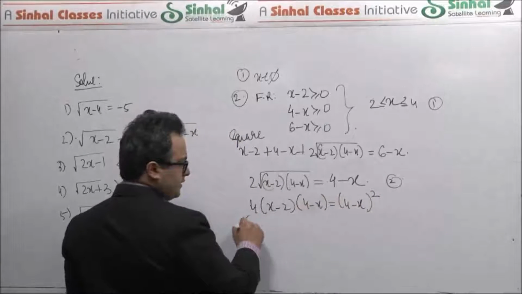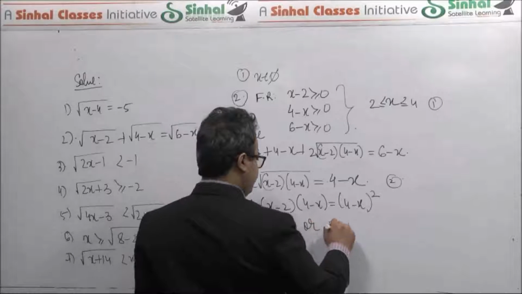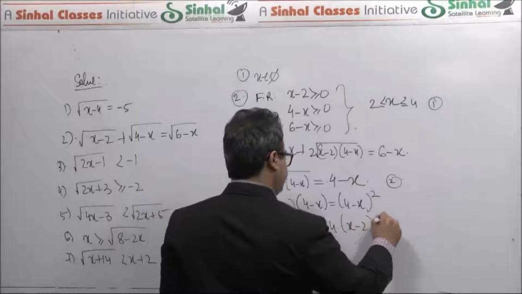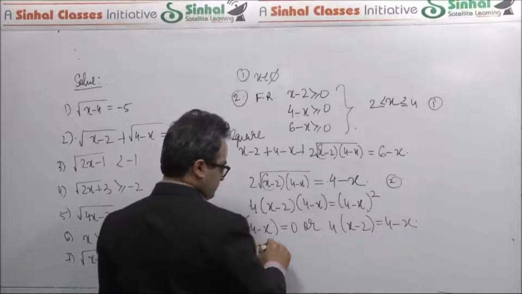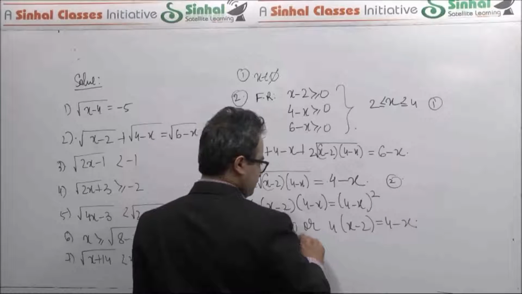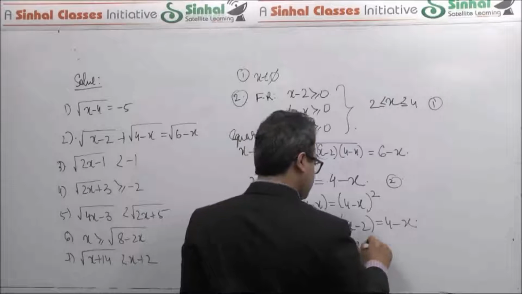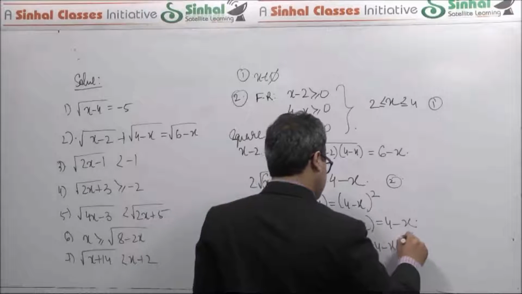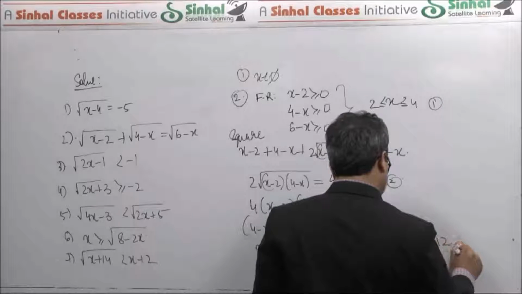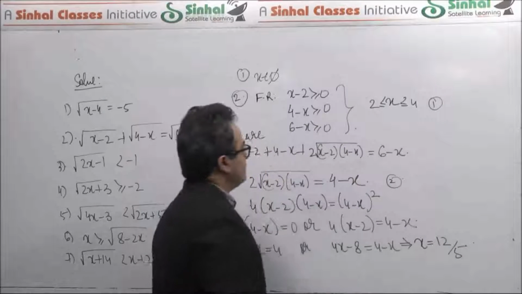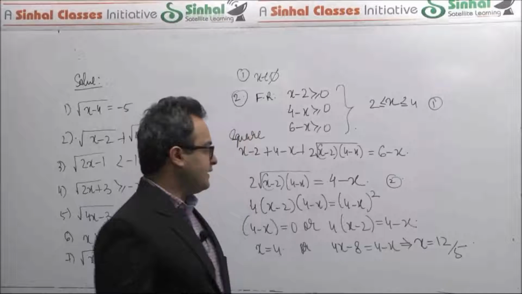So that gives me a common factor of 4 minus x, so either that can be 0 or... right, so I get two possible values of x, 4 and 12 by 5.